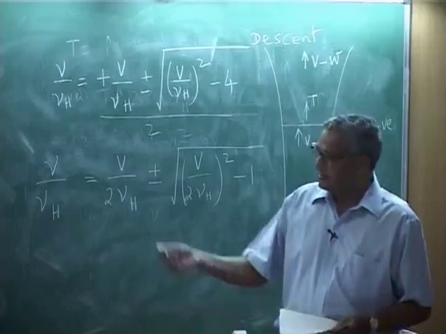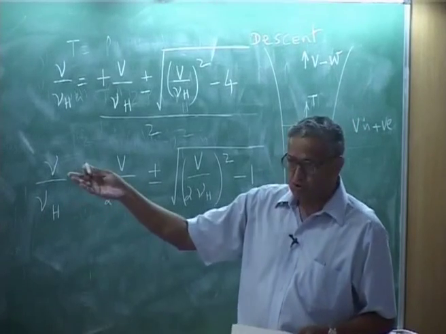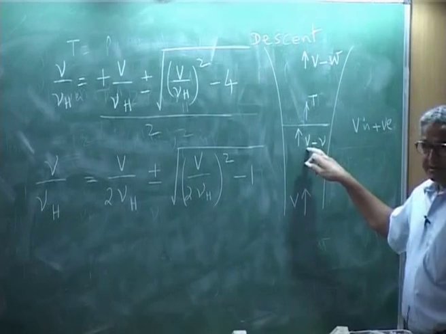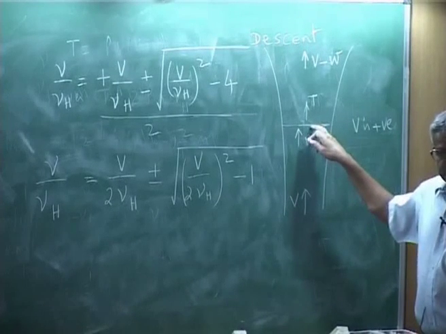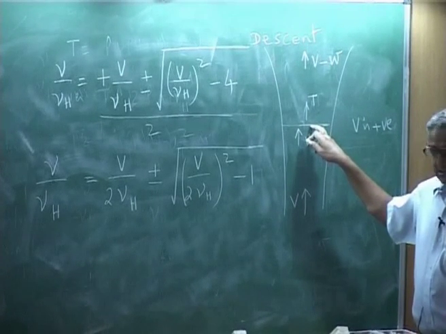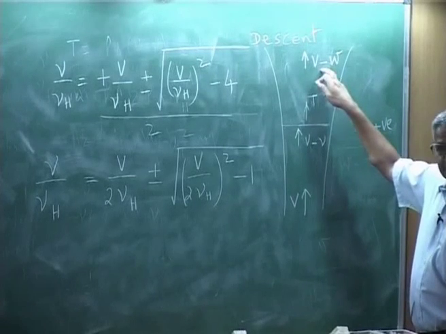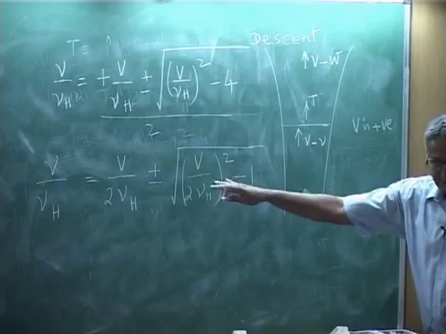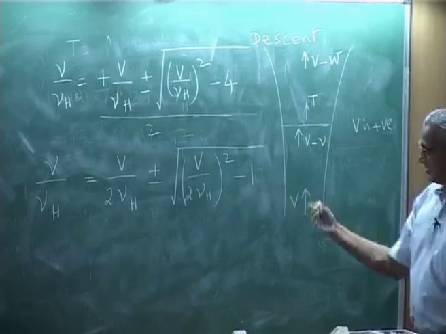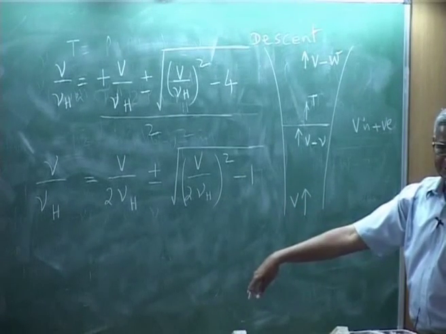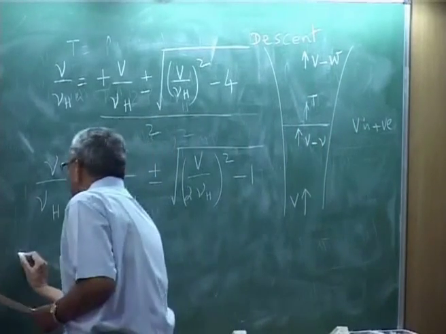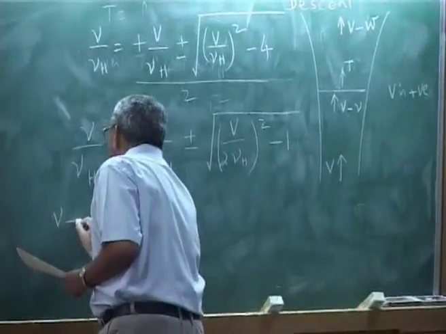V plus ν, but actually V plus ν means what? I am having what? V minus ν at the rotor disc, far away V minus 2ν. So, I must have V minus ν at the rotor disc, and then far away I should write the other one.